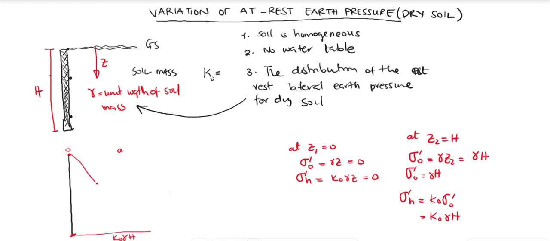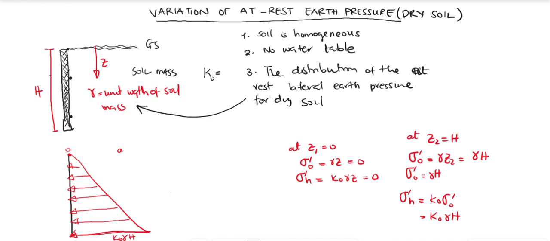So it's going to have this form of variation like a triangle. And so this is going to be the at rest earth pressure distribution. At a given depth, there's a corresponding at rest earth pressure acting. The maximum is at the base, and the minimum is at the surface.